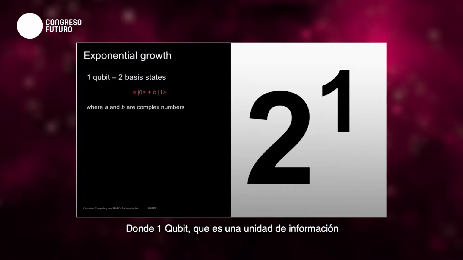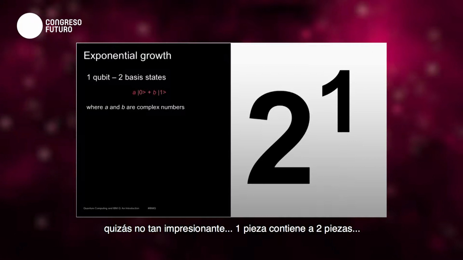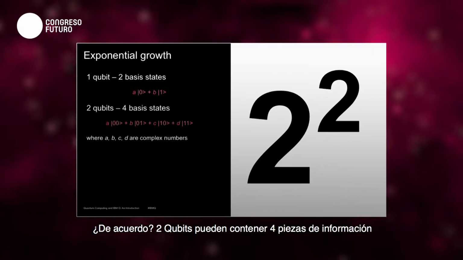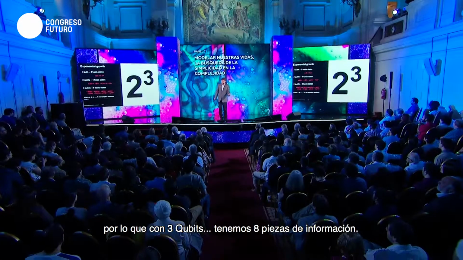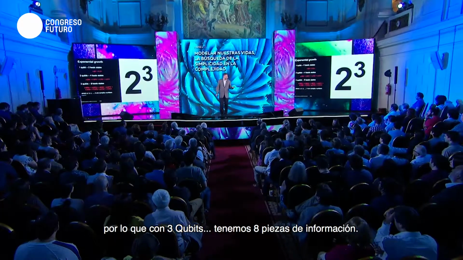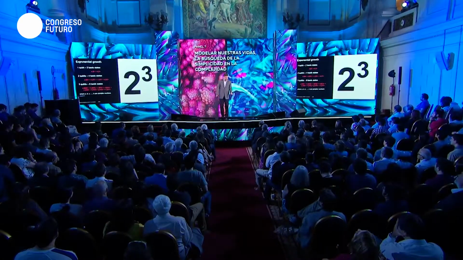So, 1 qubit, remember our basic information unit, can hold 2 pieces of information. That's nice. It's not that impressive. 1 holds 2. All right? 2 qubits can hold 4 pieces of information. But it's not 2 plus 2. It's 2 times 2. So with 3 qubits, we have 8 pieces of information.